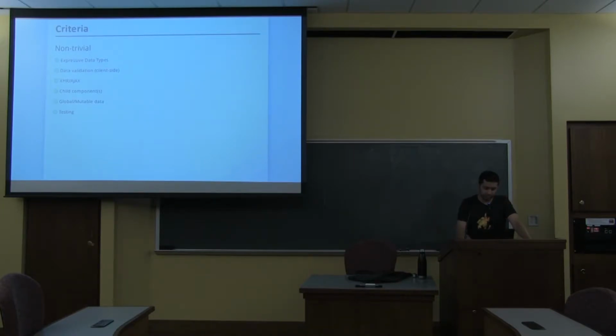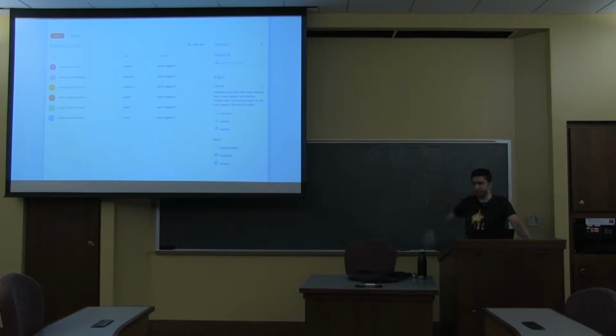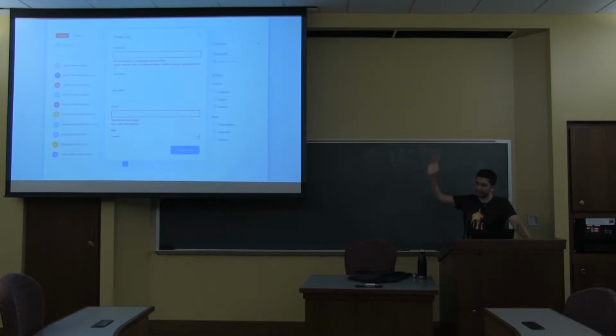So we've got this users page that admins and other people can go to. There are filters on the right that you can toggle on and off, and it'll change the view. You can search for users. The add user button shows up if you're an admin. If you click that, we get this little component, and if you hit submit, it'll try and run some validations.